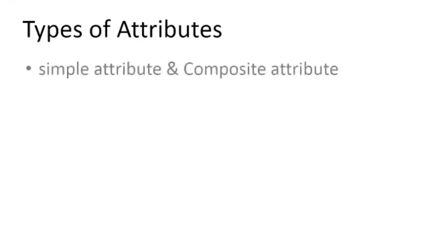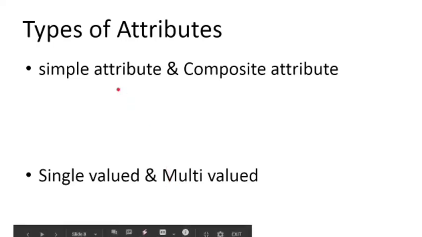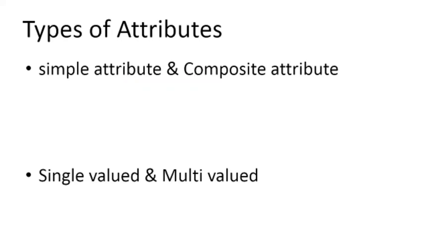Next, we have different kinds of attributes. Those are simple attribute and composite attribute, single valued and multi-valued, and so on. We will see one by one. What does simple attribute mean? Simple attribute means we cannot divide that attribute further. Then what is a composite attribute?